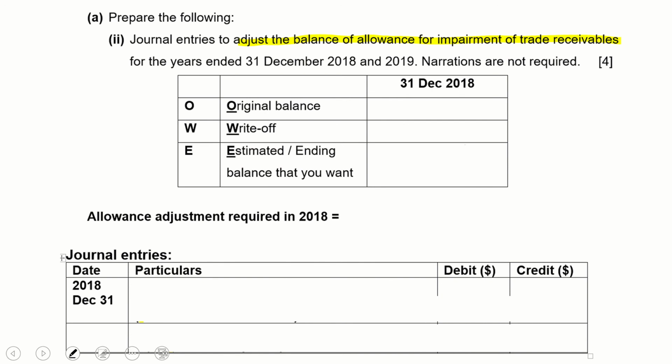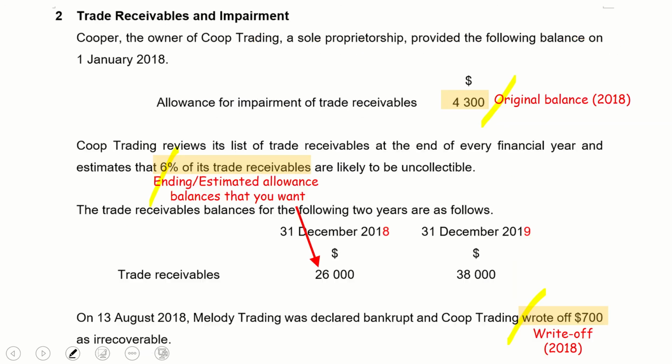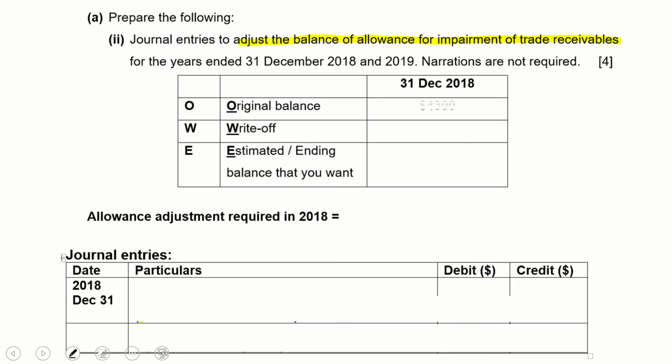So in class, we talked about OWE. What is the original balance? Now, if I refer to the previous question, the original balance was 4,003. And that is what I'm going to write as my original balance. I started out the year with 4,003.